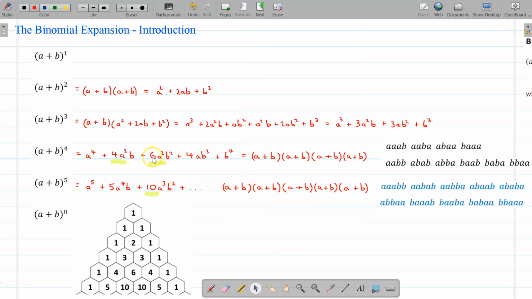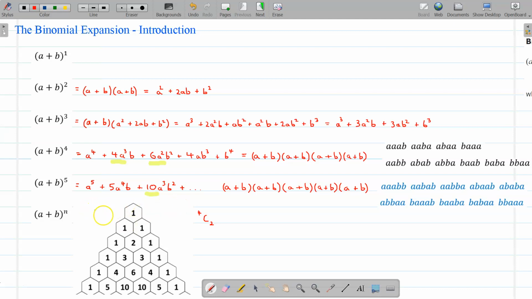So these numbers, 4, 6, 10 here, are numbers of combinations. That's what we actually call them, the numbers of combinations. So, for example, this 6 here comes from what we call 4C2. And there's a button on the calculator called nCr down the right hand side, and that enables you to get the number of combinations.